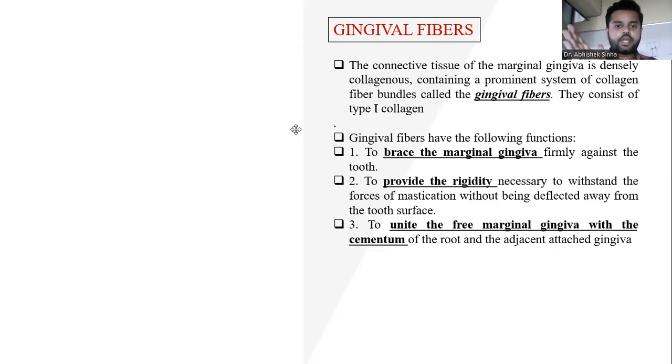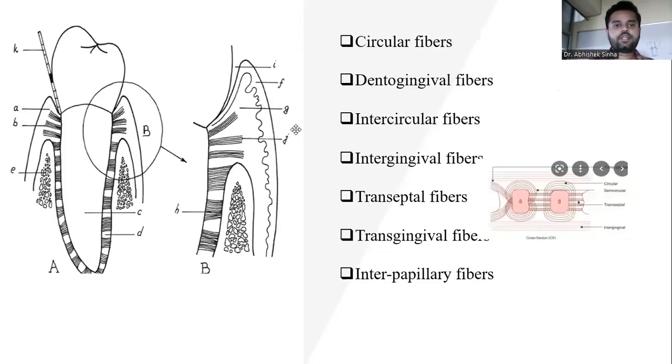So the fibers unite the free marginal gingiva with the cementum of the root and the adjacent attached gingiva. These are the various types of fibers: sulcular, dentogingival, intercircular, intergingival. I would really want you to please read your textbooks and try understanding the fibers, exactly where they are located. If any problem, we can discuss it in our classes.